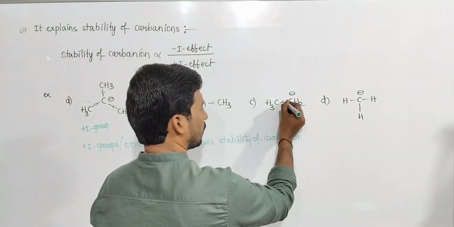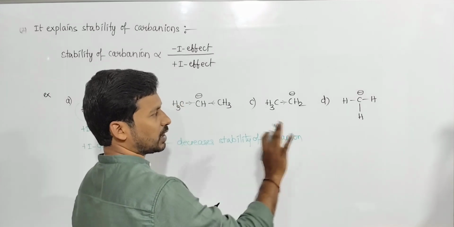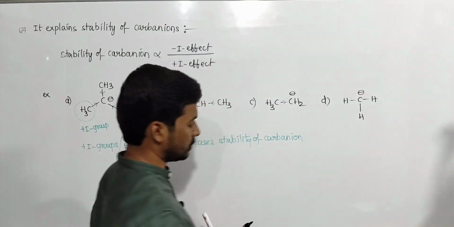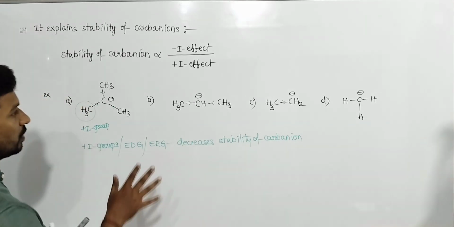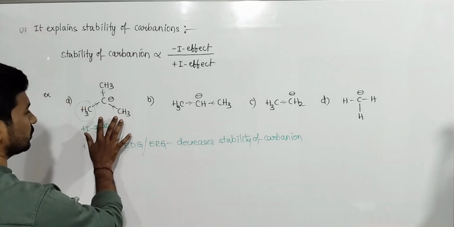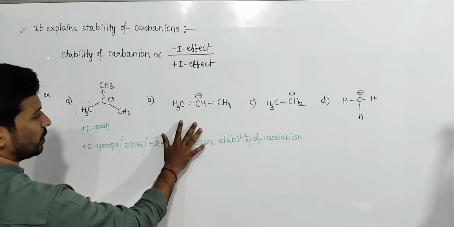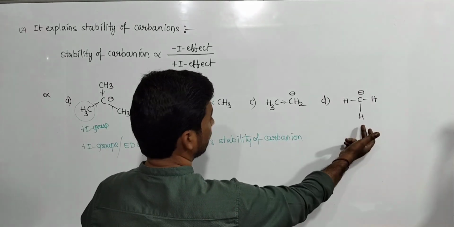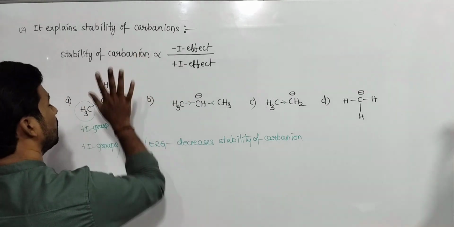Here only 1 methyl group pushes electrons towards carbon. Here hydrogen is neutral. So electron releasing groups decrease stability. Here 3 plus I effects, least stable; 2 plus I effects, more stable; only 1 plus I effect, more stable; no plus I effect, most stable.